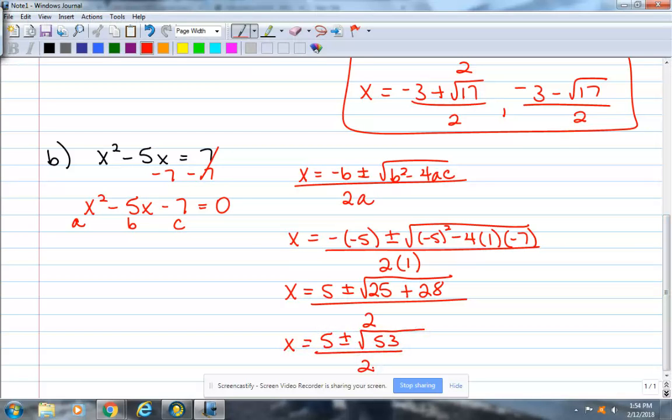Can we simplify radical 53? Nope. Any squares that go into 53? I think 53 is actually prime. So there's nothing that goes into 53 at all, except for 1 and 53. You can leave your answer like that. If it's multiple choice, they might say 5 plus radical 53 over 2 and 5 minus radical 53 over 2. But I'm perfectly okay if y'all just save that and leave it like that.